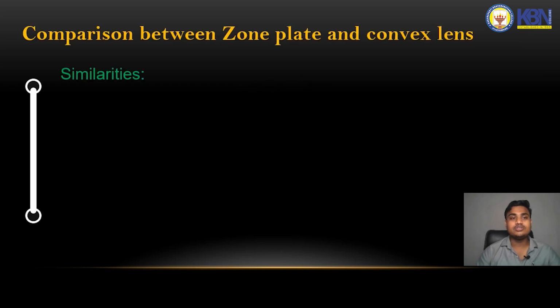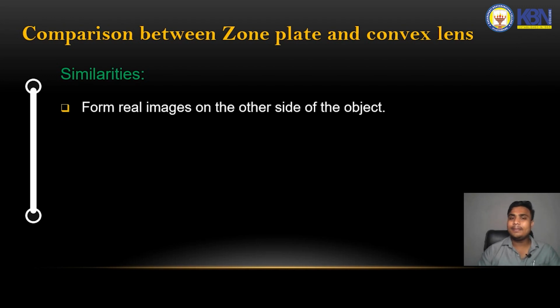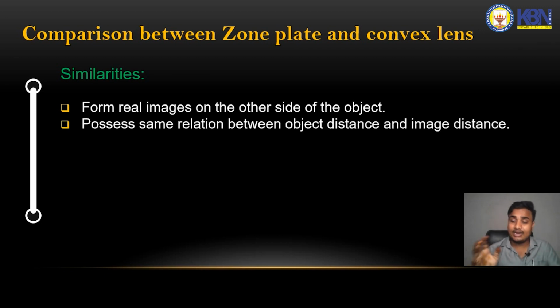Now we are going to see what are the similarities and dissimilarities between convex lens and zone plate. Both the zone plate and convex lens form real images on other sides of the object. Both possess the same relation between the object distance and the image distance.